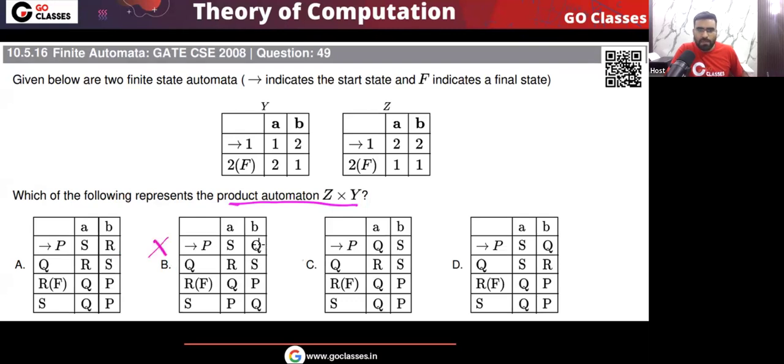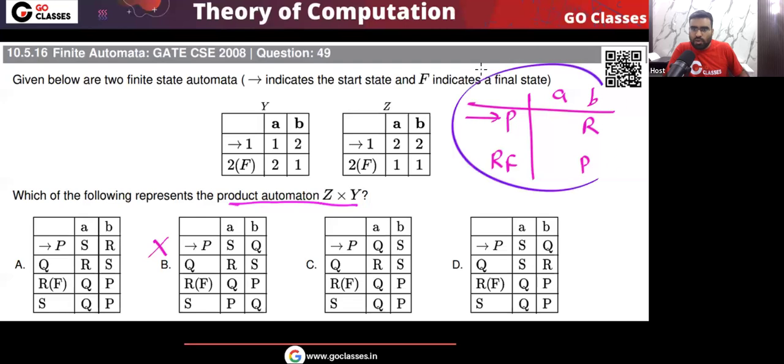So this option is gone, because this must be R. From P, on B we should go to R and here we should go to P. So now you can see that option B is gone, option C is gone, option D is gone. Only one option is remaining. Only option A is remaining.